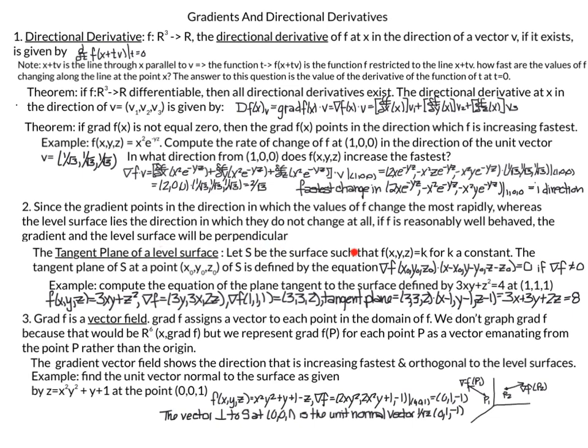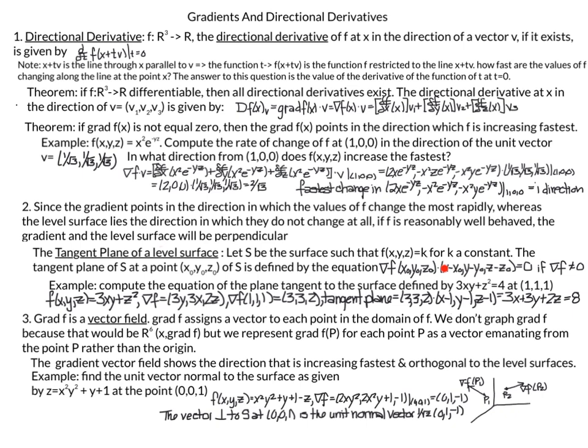If S is a level surface such that f of x, y, z equals k for k constant, then the tangent plane of S at a point x naught, y naught, z naught of S is defined by the equation: gradient at your point, x naught, y naught, z naught, dot, and then x, a random point on the plane.